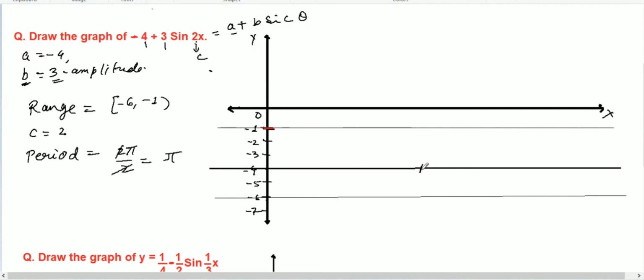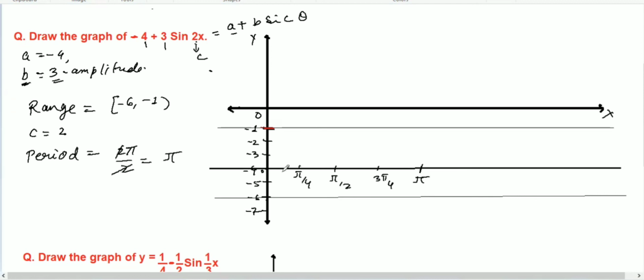So this is going to be pi, and half of this is pi over 2. You have to write it down here, pi over 4, and here 3 pi over 4.